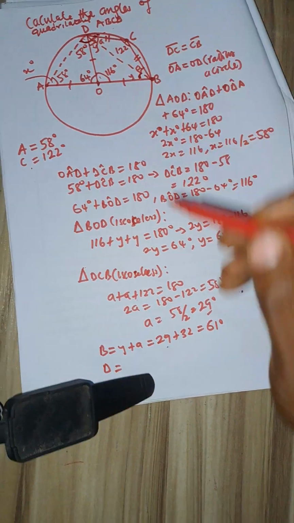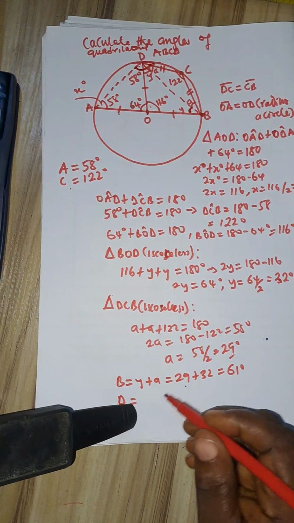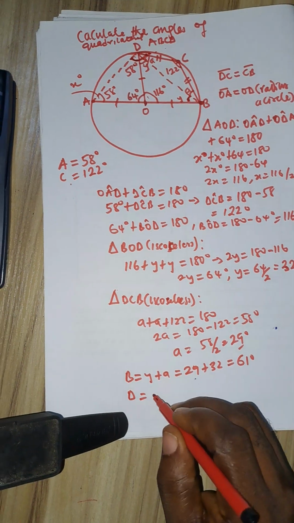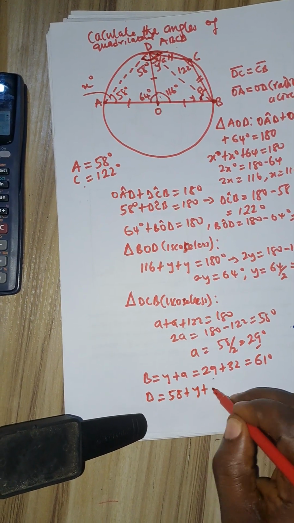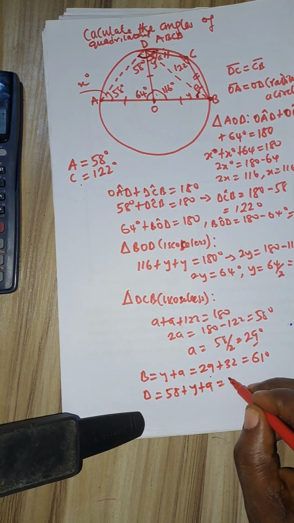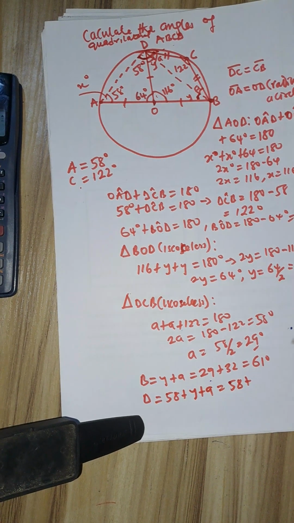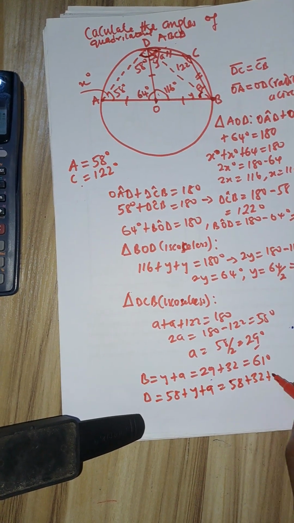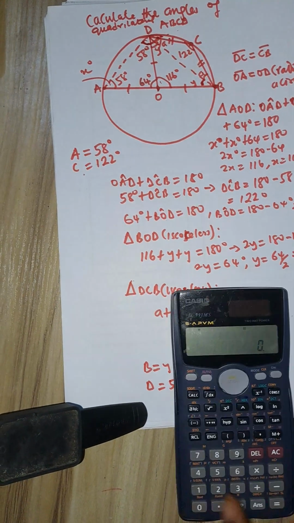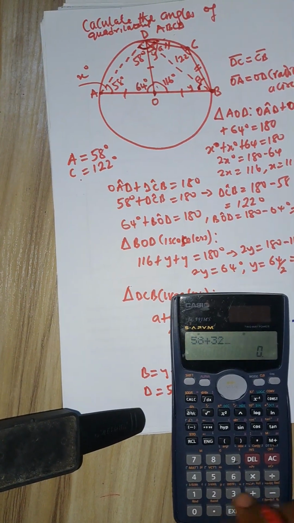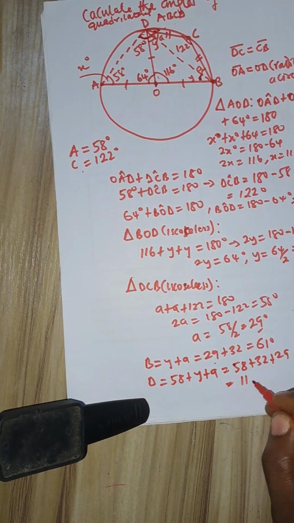So D is 58 plus y plus A. That is 58 plus 32 plus 29, which is 119 degrees.